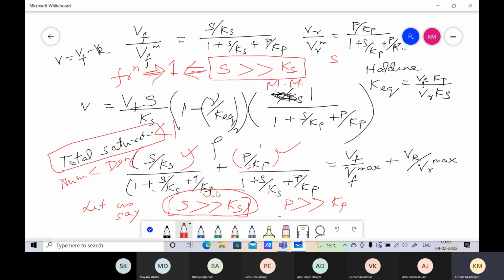Now, that S is much, much larger than Ks is a necessary condition, but it's not a sufficient condition anymore. For fractional saturation to approach 1, S has to be much greater than Ks as well as P has to be much, much greater than Kp. That is all I'm trying to say.